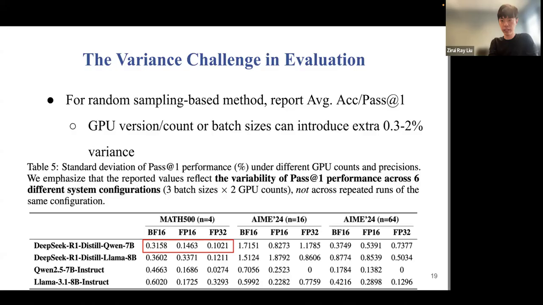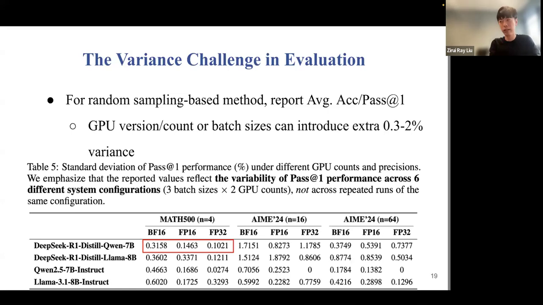In practice this is again a little bit problematic, because if you are familiar with the p-test, you need at least 2 sigma, meaning two standard deviations, to show your improvement is significant. So in this case for AIME, if you run an experiment with 16 trials, you actually need a 4 absolute percent accuracy improvement to demonstrate your algorithm is better than the old algorithm.